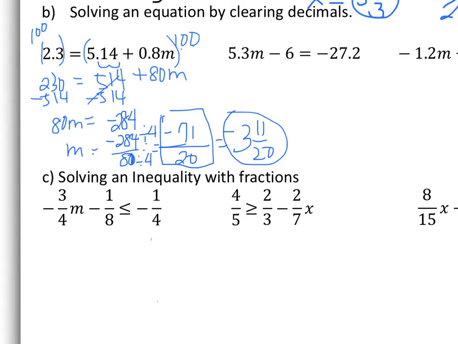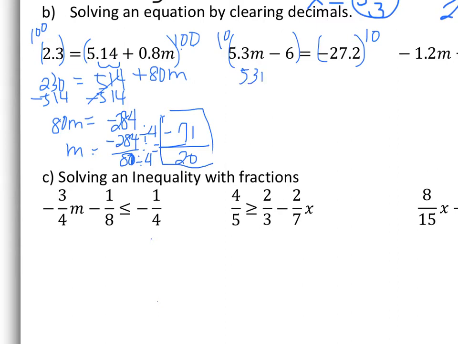Okay, so let's do the next problem. We will multiply by 10 because the greatest number of decimal places to the right is 1. So we need 1 zero. 53m minus 60 and -272.